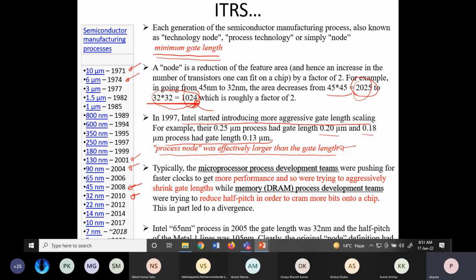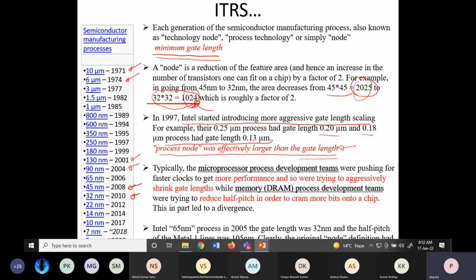They started scaling down more aggressively than Moore, and although they said they will follow these 250 nanometer, 180 nanometer, 130 nanometer process nodes to have parity with other industries, or not to confuse others, they actually reduced the gate length even further in all those process nodes. So the process node was effectively larger than their actual gate length.